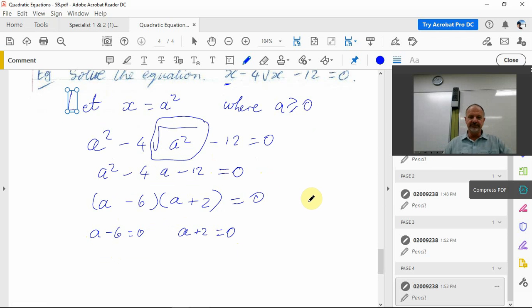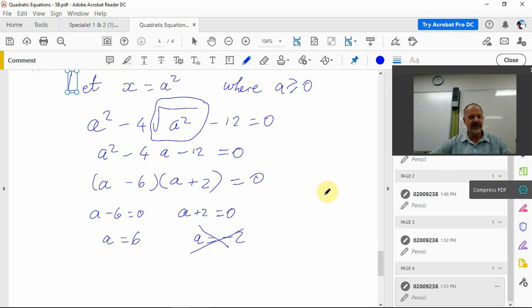So then a is equal to 6, or a is equal to negative 2. Now from up here, we said that we want a to be greater than or equal to 0, so that particular value of a is not possible. So this is the value of a.